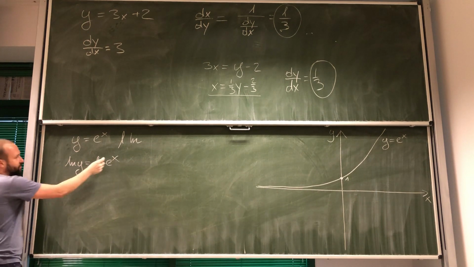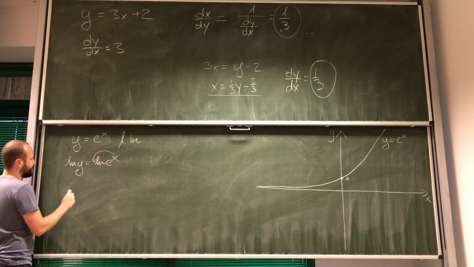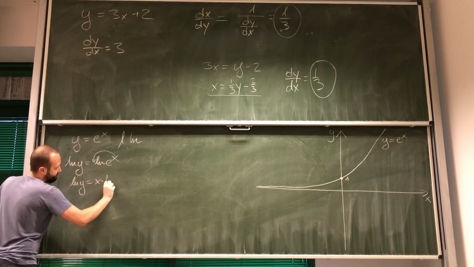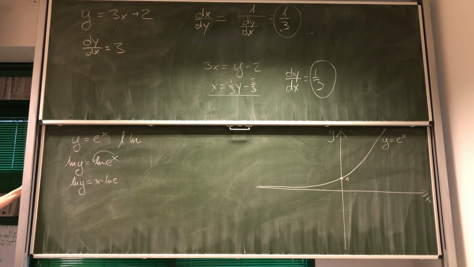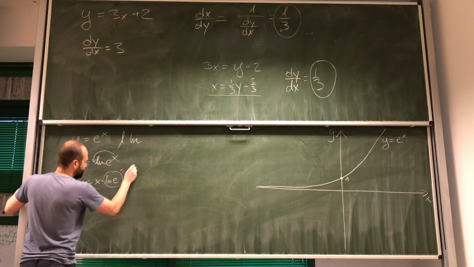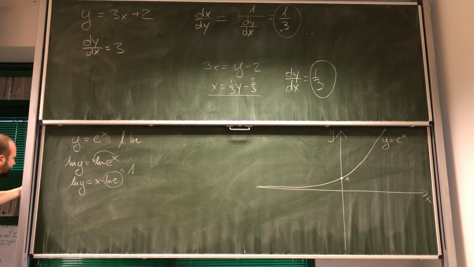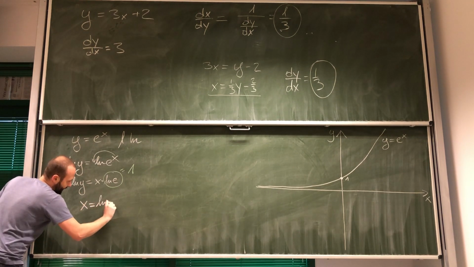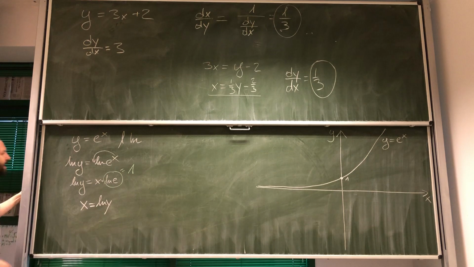But knowing the properties of logarithms, I can take this x up front and I know that ln e answers me a question: to which power I should take e to get e. So this is equal to 1. So, in other words, we get that x equals ln y is an inverse function for y equals e to the power of x.